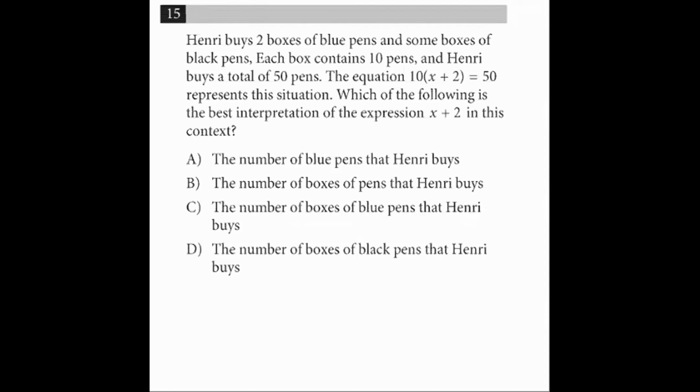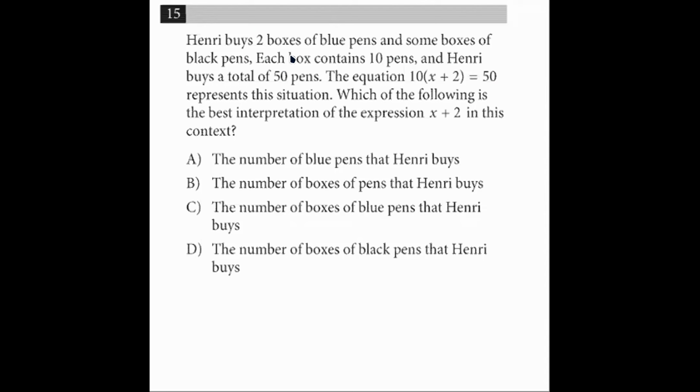Okay, so question 15, we're told they buy 2 boxes of blue pens, so that's what the 2 means. And each box contains 10 pens, so that's what the 10 is. What is the interpretation of x plus 2? So if it says each box contains 10 pens, then this equation must represent the total number of pens, which is 50, so it equals 50.